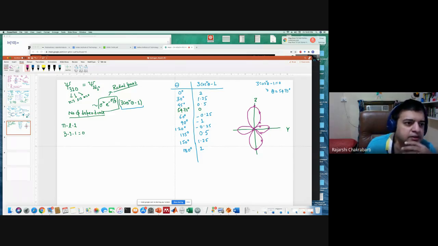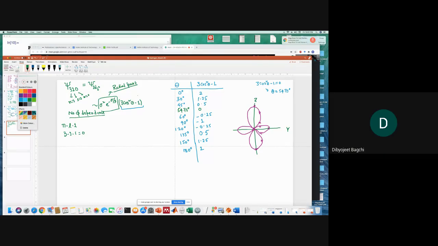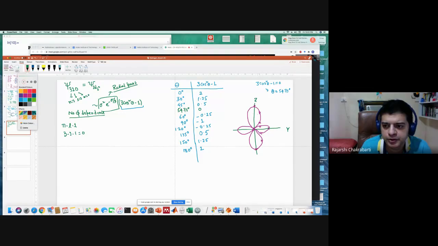Now tell me what are the signs. Devojit, you tell me. What are the signs? Both the lobes on the z axis will be positive, and this lobe will be negative on the y axis. Let us see. This is positive. I know. Okay.